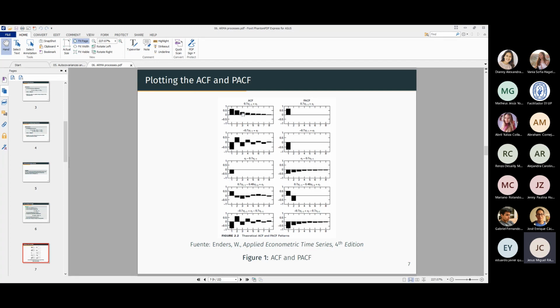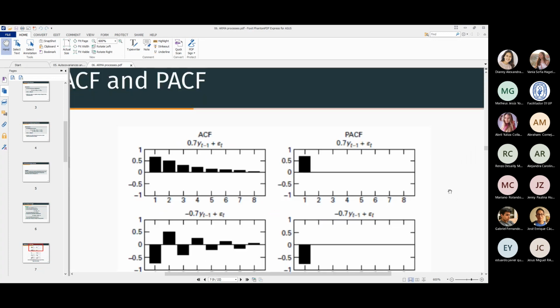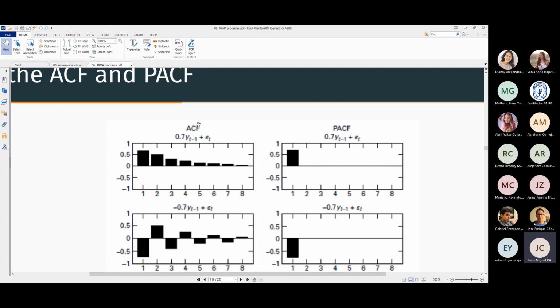For example, if you are dealing with an AR1, okay, this is the ACF of an AR1 here on the left, and this is the PACF of an AR1. The coefficient in the AR1 is 0.7.